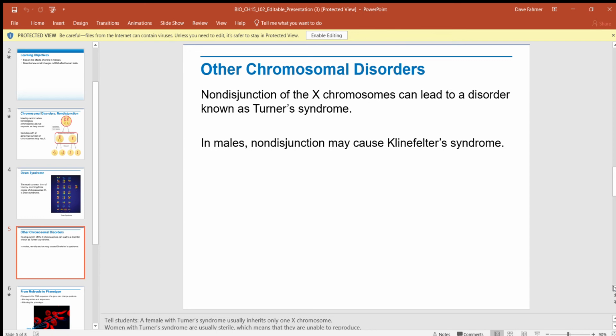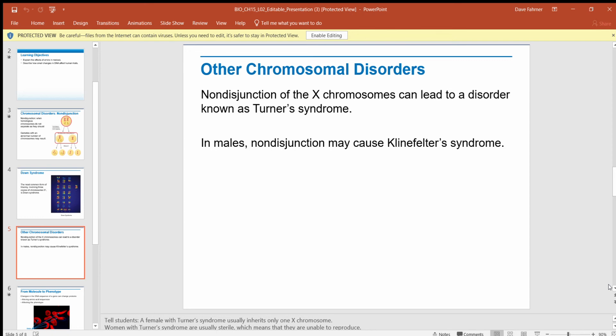Non-disjunction of the X chromosomes can lead to a disorder also known as Turner syndrome. Turner syndrome is a situation that happens quite often in females. Statistically, 1 in every 5,000 females is a Turner's female.